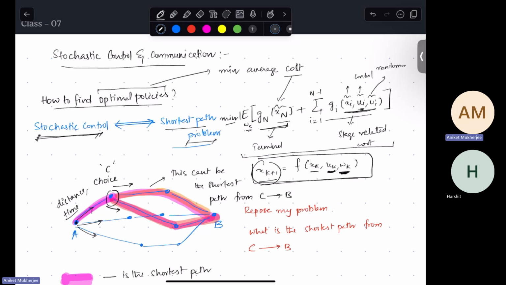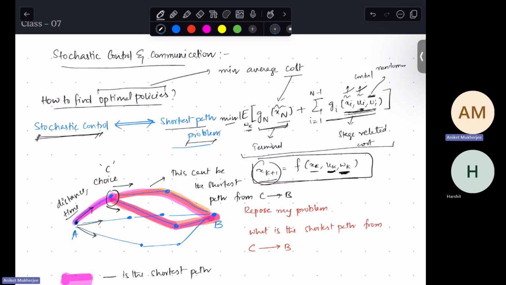One is a terminal cost, which is at the end of the trajectory, and then stage-wise cost, where each stage-wise cost comes because you are at some stage, and because of that state, you are paying a penalty, or you're paying some cost, and because you have chosen control action UI, you're paying some amount. And then because of the randomness in the system, which induces randomness, and that randomness you will see in the next state, right?